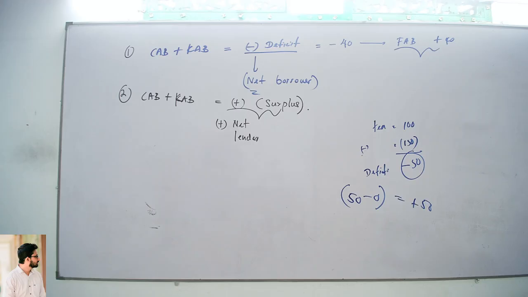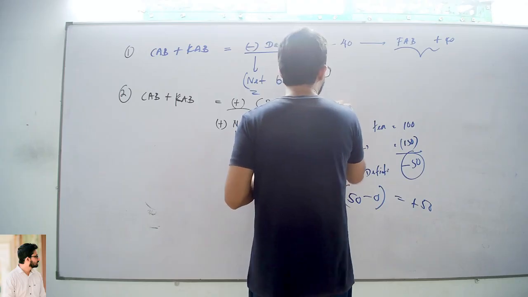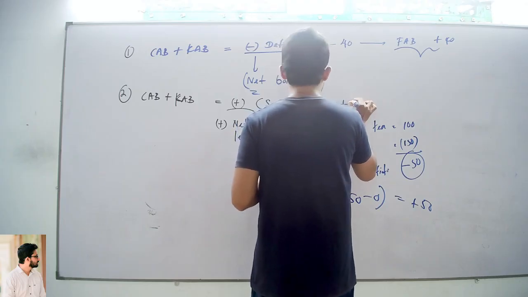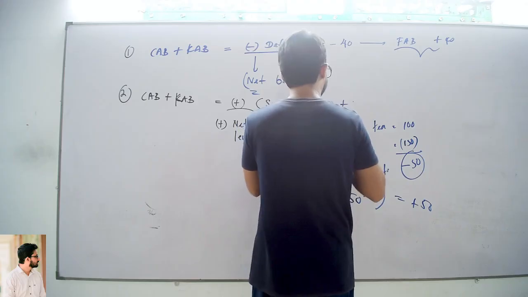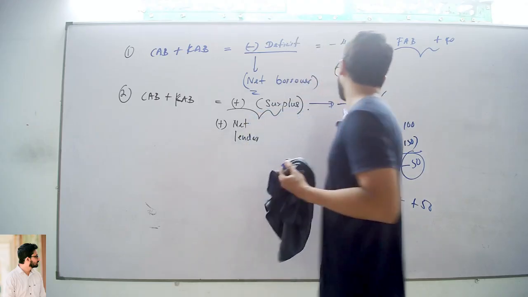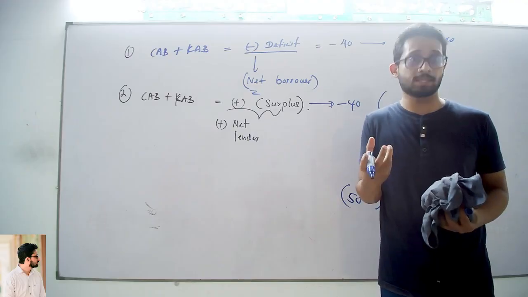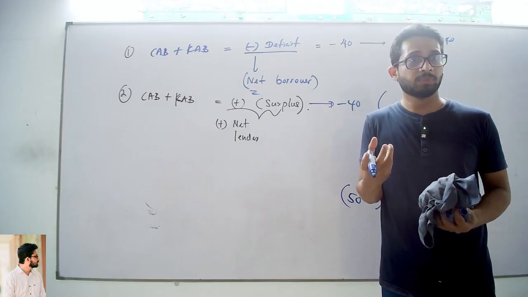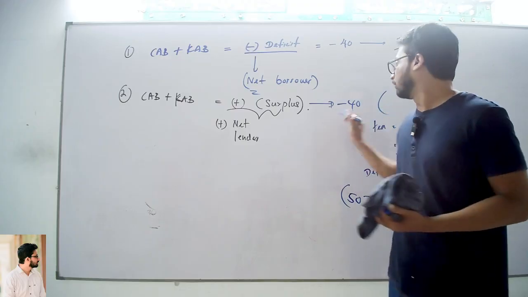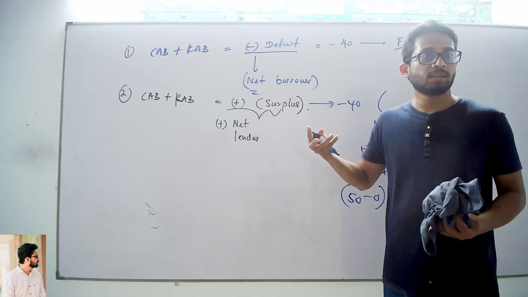If there is a surplus in the current and capital account, the financial account balance should be minus 40. It shows where we have invested our excess or surplus. The plus means surplus.